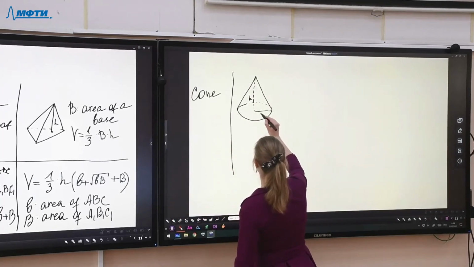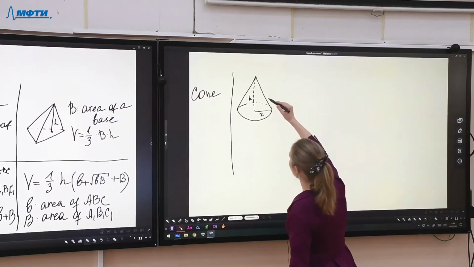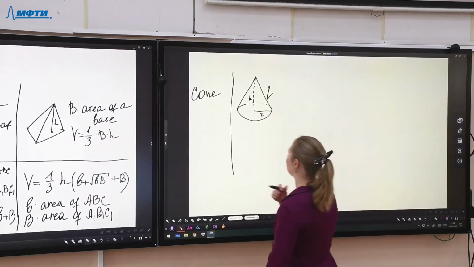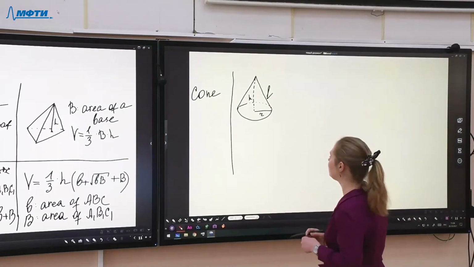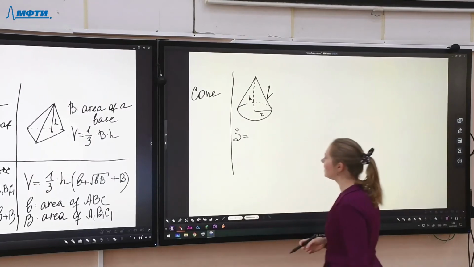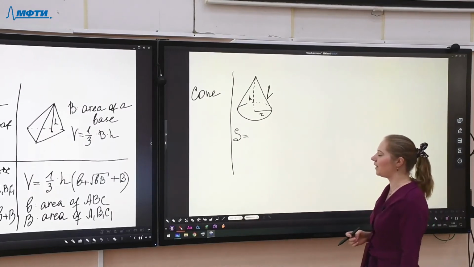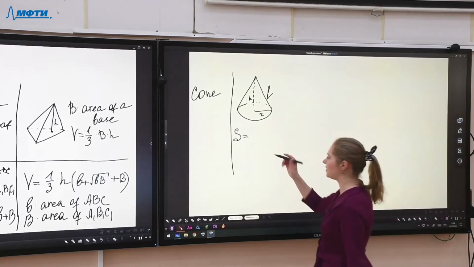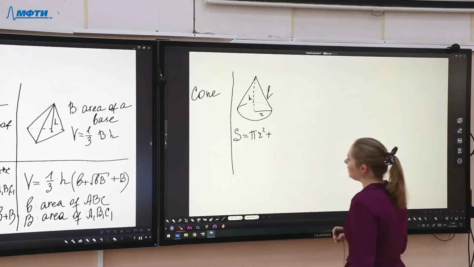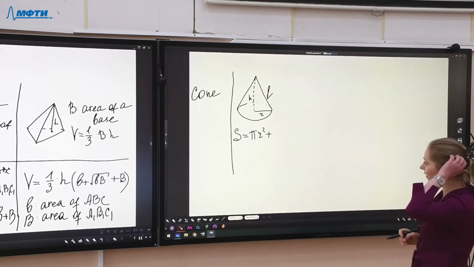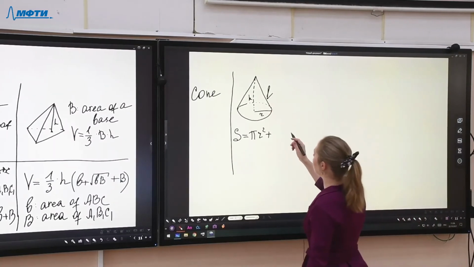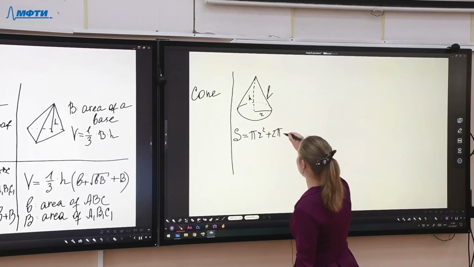This is the radius of the base, and this thing will be L. So the area of a surface of a cone, S, is the area of its base, and we know that the area of a circle is pi R squared. So this is pi R squared. And also we need to add an area of its other part. It is pi times R times L.